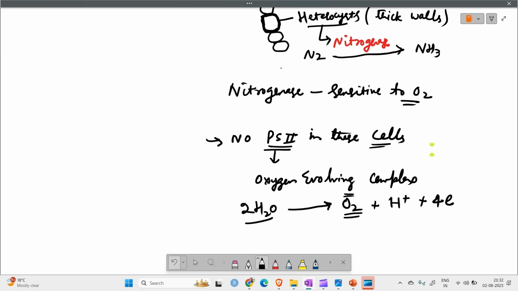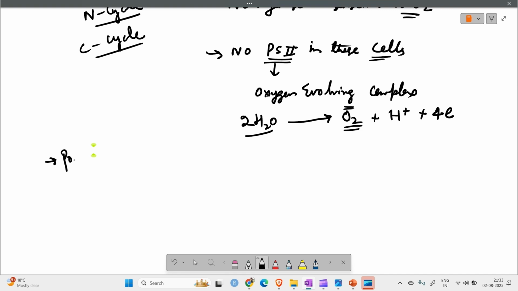So this nitrogen fixation by these cyanobacteria plays an important role in the nitrogen cycle, and being primary producers, they also change the dynamics of the carbon cycle. Okay, there is one more: they are also involved in pollutant degradation, like heavy metals degradation and some other toxic materials.